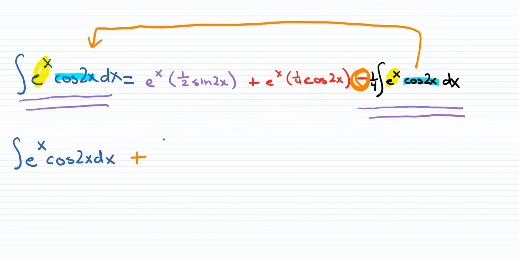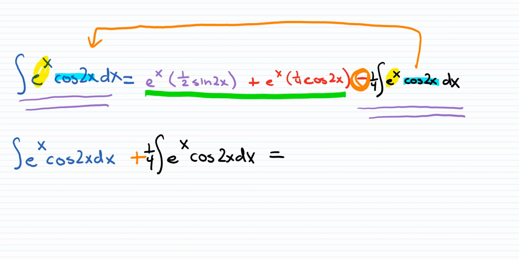So positive 1/4 integral e to the x cos 2x dx equals all of this stuff here in green. So that's going to be e^x bracket 1/2 sine 2x plus e^x bracket 1/4 cos 2x.